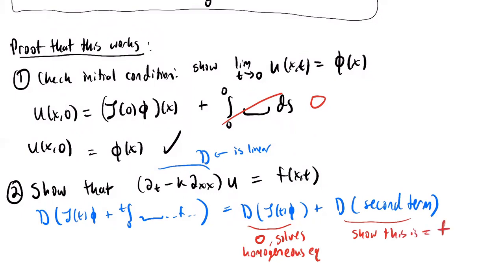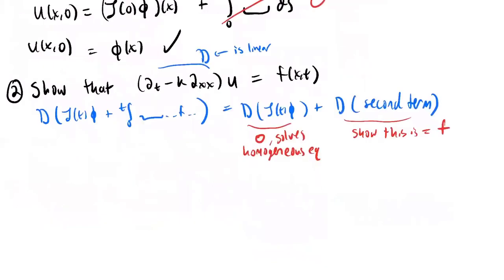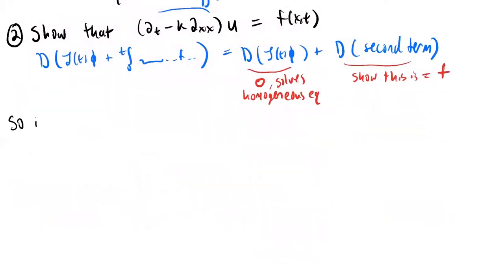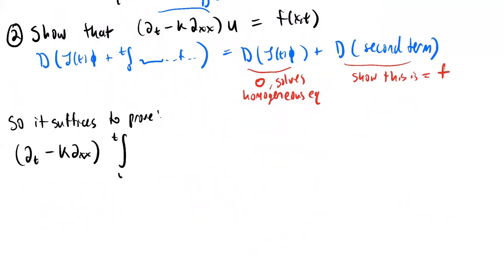And so to complete this step, it suffices to show the following. That if I take derivative with respect to t minus k times second order derivative with respect to x, and I apply this to the remaining term, that I get f, right? Let me continue to use the operator notation.